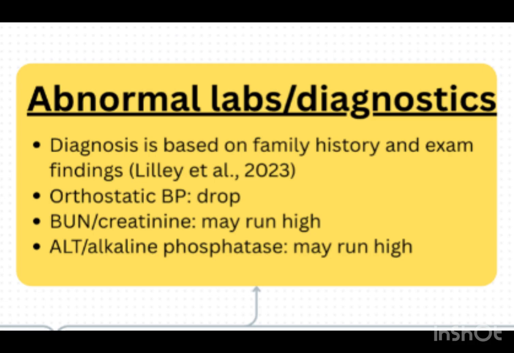We're also checking for elevated hepatic labs like ALT and alkaline phosphatase. These two monitor liver function. Because the liver is metabolizing medicines, it's important to track any elevated levels, because let's say there's a medication like tolcapone, it's going to have a strict black box warning, right?